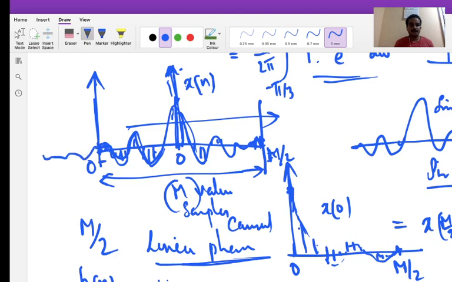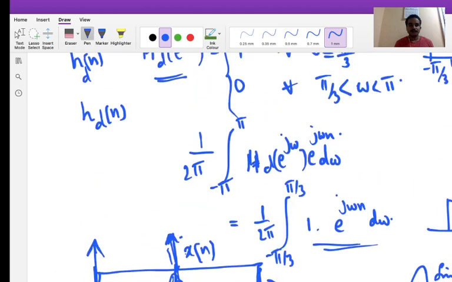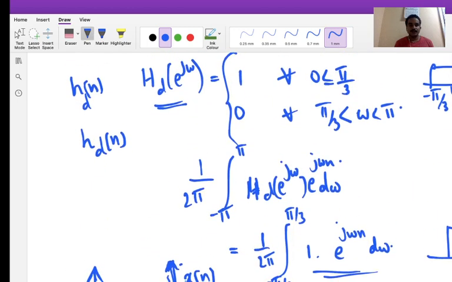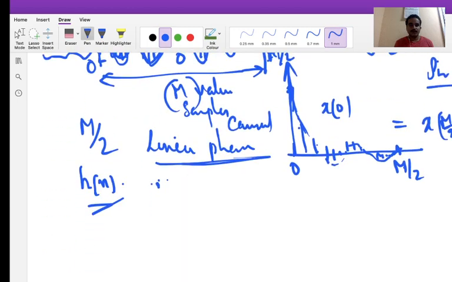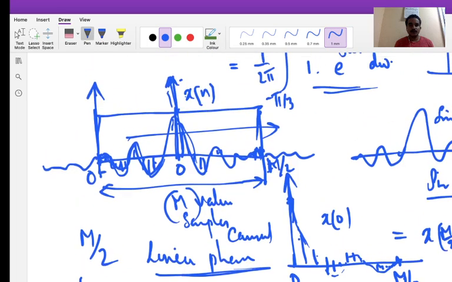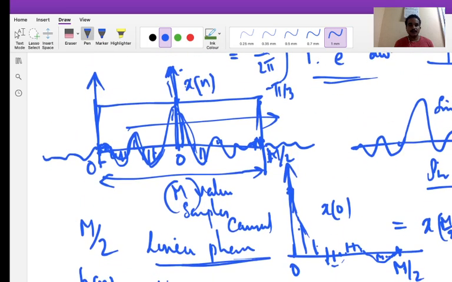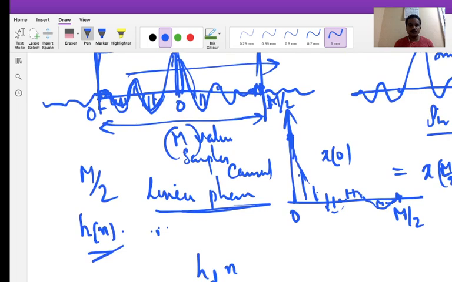So basically you have the sinc function which extends from minus infinity to infinity. So you are putting a window here. Whatever the inverse transform that you have found here, hd n, which is the inverse response, you first shift by a factor of m by 2, so it becomes hd n minus m by 2.